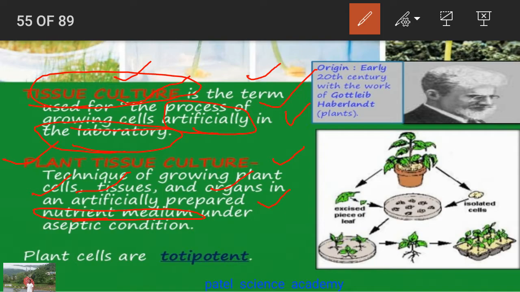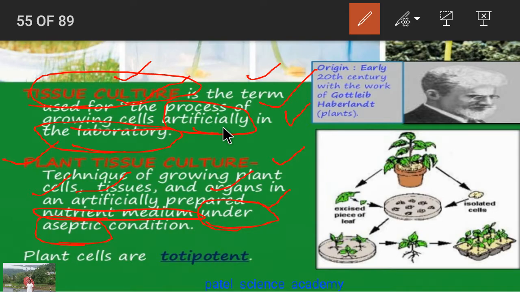It may be solid or liquid, and it has all the nutrients required for the growth of that cell, so that the cell can grow and develop into the whole plant. Aseptic condition means the condition of a laboratory in which all facilities are there, and temperature, humidity and light can be controlled.